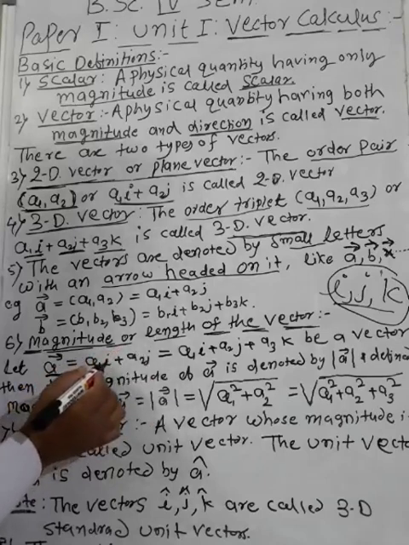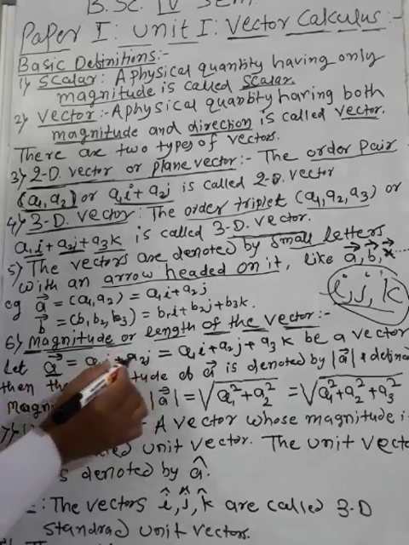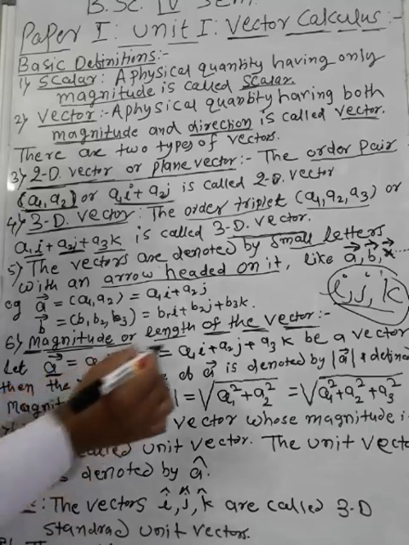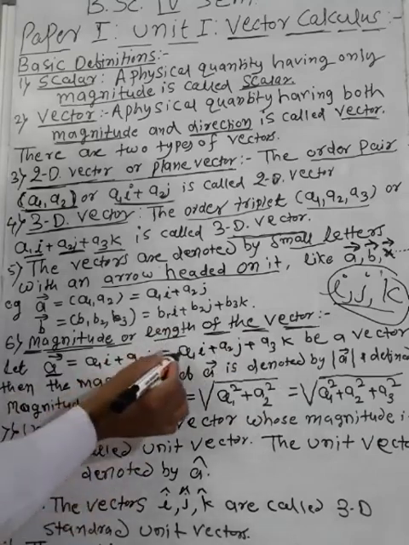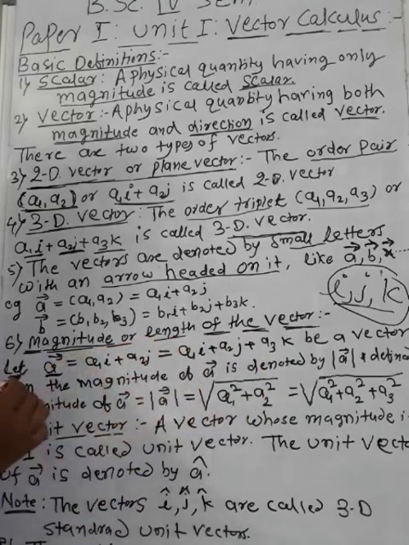Here the coefficients of i and j, the coefficients of i, j, k, we are going to call the components of a vector. Sometimes we shall refer to them as the components of a vector or the coefficients of i, j, k.